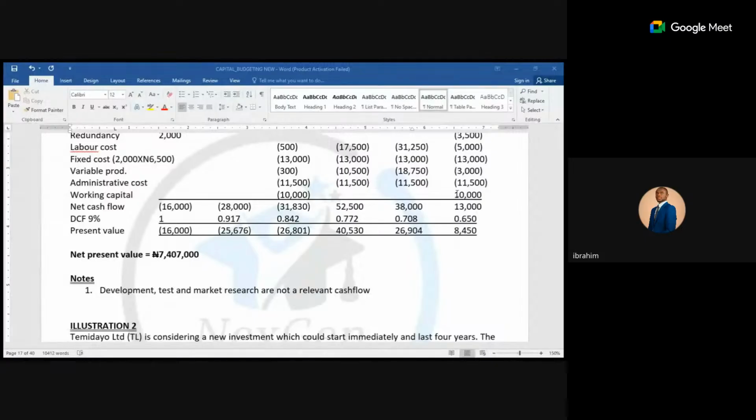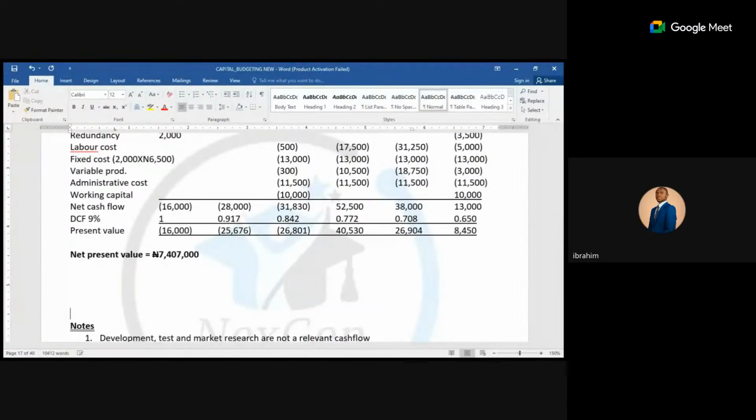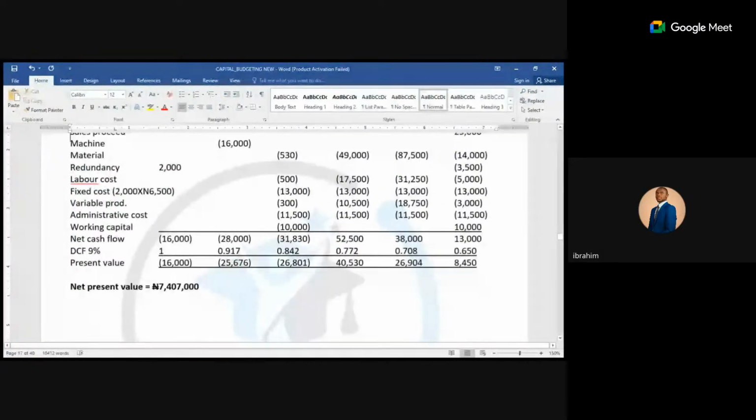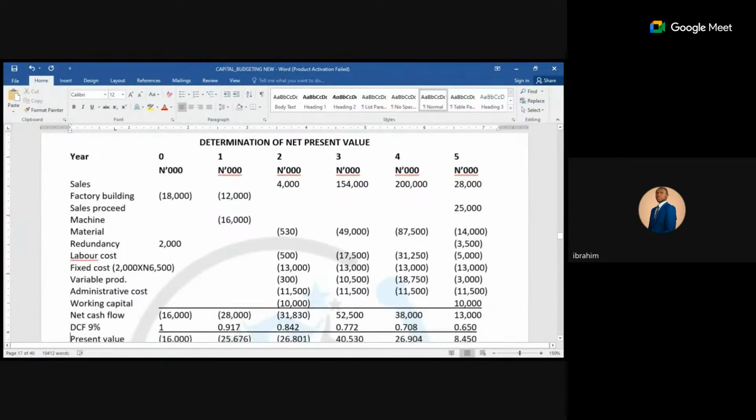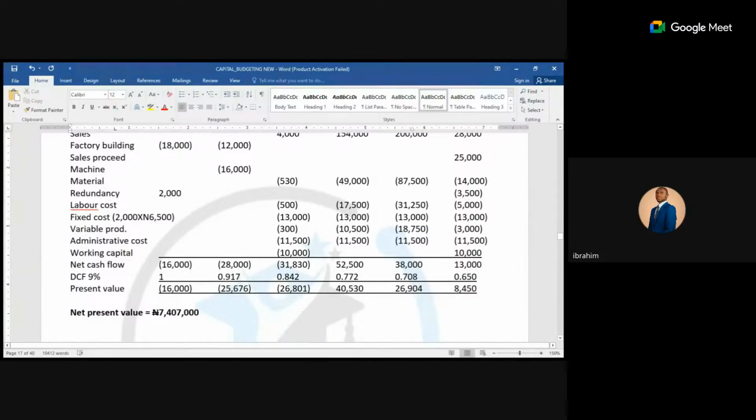Okay, now let's quickly use, they say we could use one stone to kill two birds, right? Now, what if the question says determine the project's duration? Class, determine the project's duration.